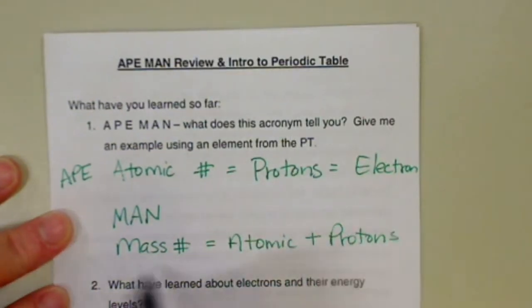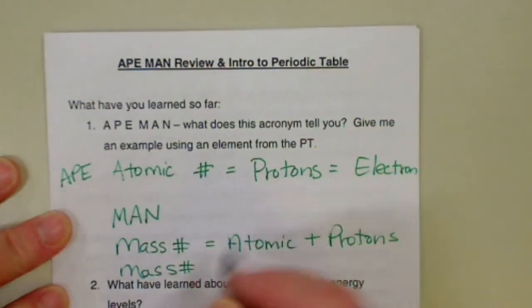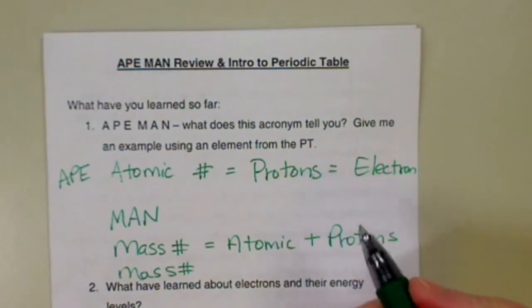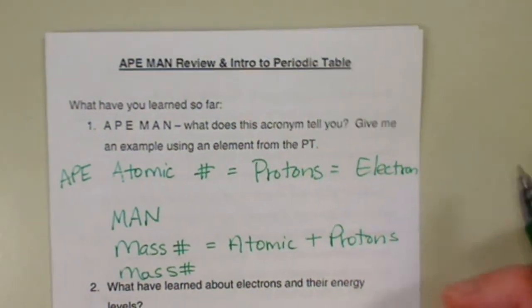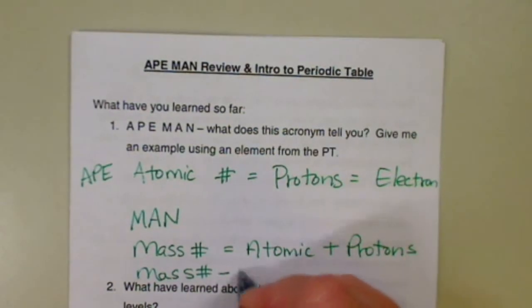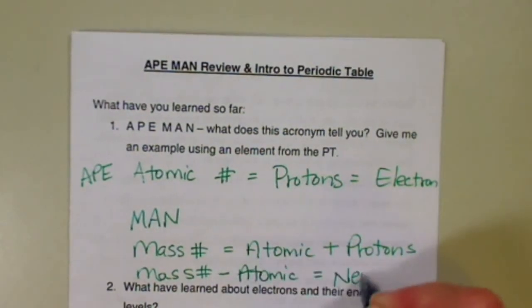Or you could say mass number minus the atomic number equals your neutrons. However you want to do it, it all works out the same.